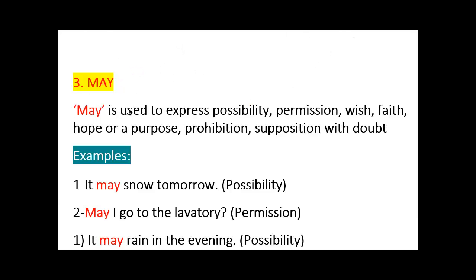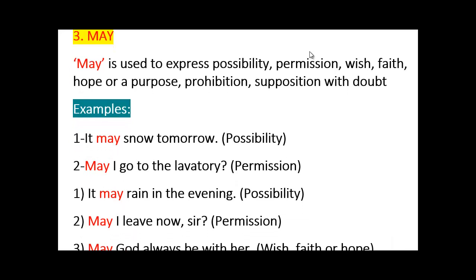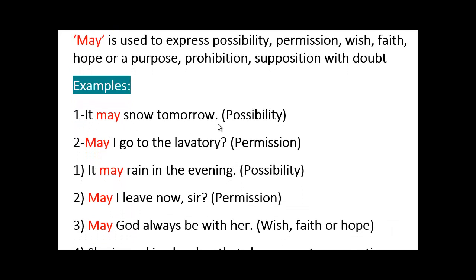May is used to express possibility, permission, wish, faith, hope, or purpose, or prohibition. Sometimes you may not do something in the negative. And supposition with doubt. Let's see some examples. It may snow tomorrow. That's a possibility. May I go to the laboratory?